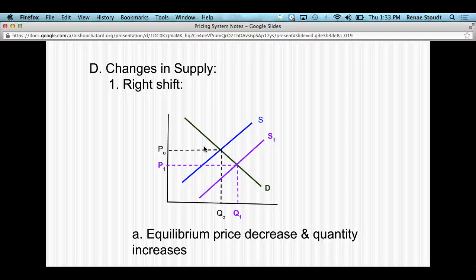So, again, this is our right shift in supply.